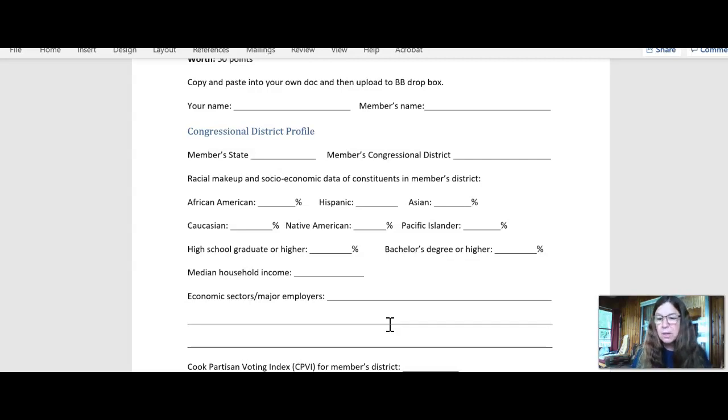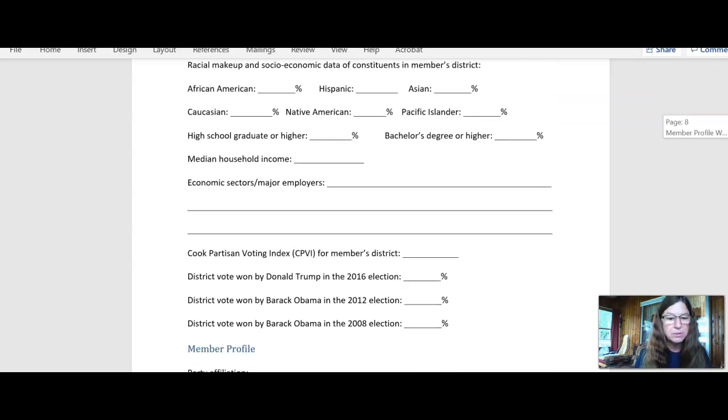I wouldn't expect any farmers to be in Manhattan, right? So you want to look for economic sectors. I would imagine things like finance would be really important, but you might want to also identify actual major employers as well, because they will have influence. Every business person is interested in politics.